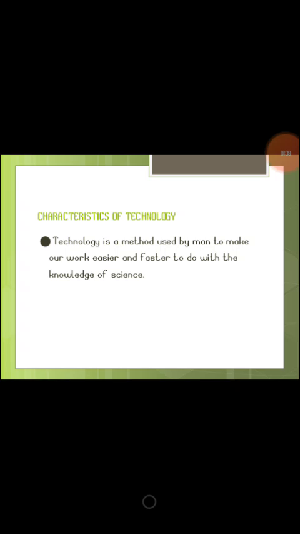So when we say technology, just like we said last class, it is a method used by man to make our work easier and faster using the knowledge of science.